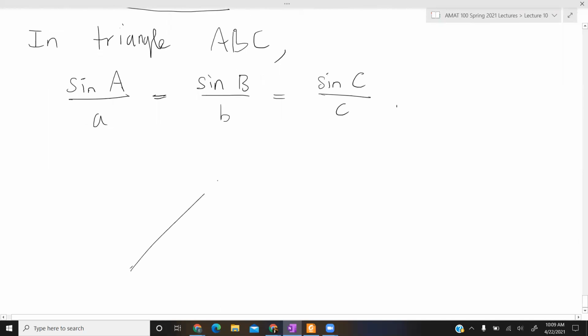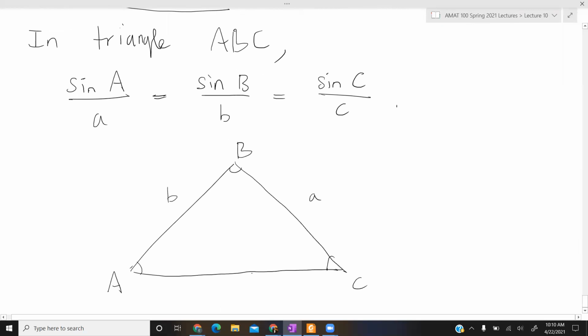So we'll just draw some triangle. It's supposed to represent any triangle. And these 3 equations hold for any triangle. It does not matter the nature of the triangle. So we have these 3 angles, A, B, and C. And then we have the sides. Now notice the labeling.